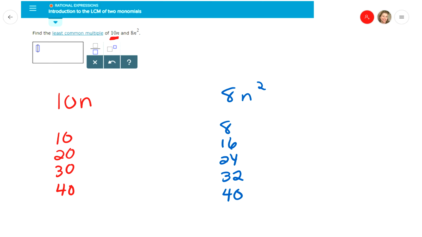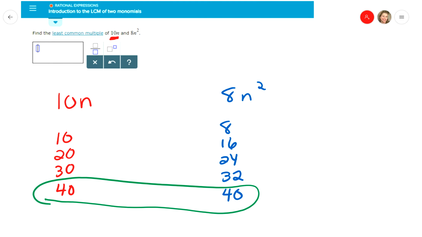So I know for the coefficient in front, it's going to be a 40. But then I have to look at the n and the n squared. Now n is just n, but n squared is n times n.